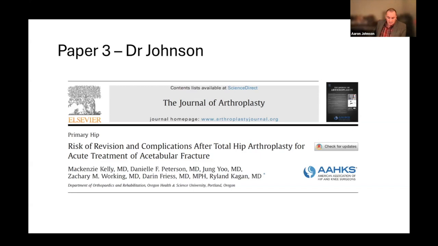So they found 955 patients that they said had an acute total hip within the first 3 weeks, and they broke it down into 240 that had ORIF plus total hip, and then another 715 that had total hip only. That's another very interesting statistic because, as you know, we do a lot of geriatric acute fix and replace.